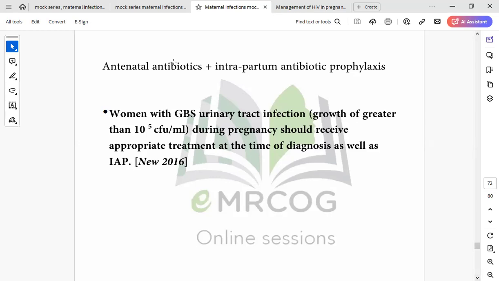If the patient is symptomatic, then you are going to give her broad spectrum antibiotic after taking the culture. So you take the culture first, start broad spectrum antibiotic, which usually is nitrofurantoin, and then after the culture comes out, either you continue on nitrofurantoin or change it to another agent according to the sensitivity.